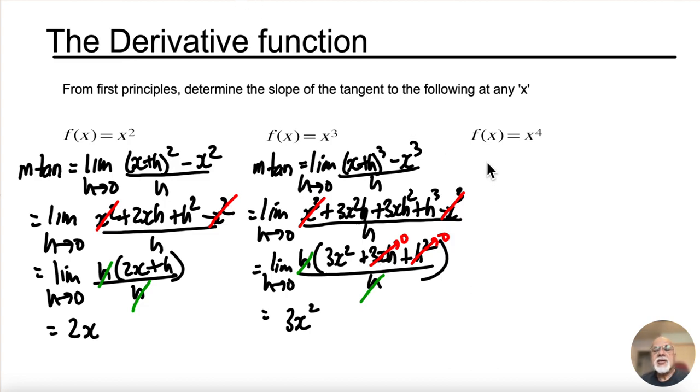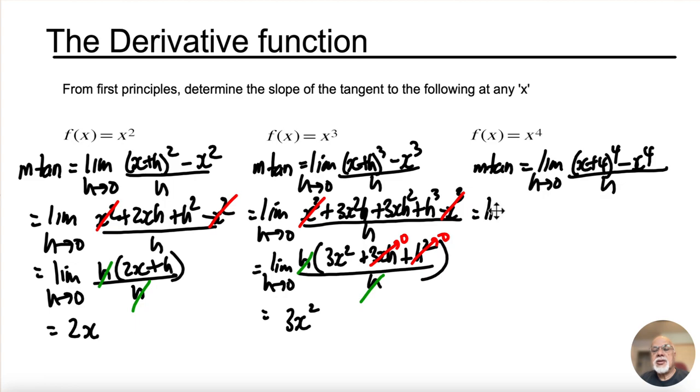In the last case, the slope of the tangent is equal to the limit as h goes to 0 of x plus h to the 4th this time, minus x to the 4th all over h. And that's the limit as h goes to 0. I really should separate these things.